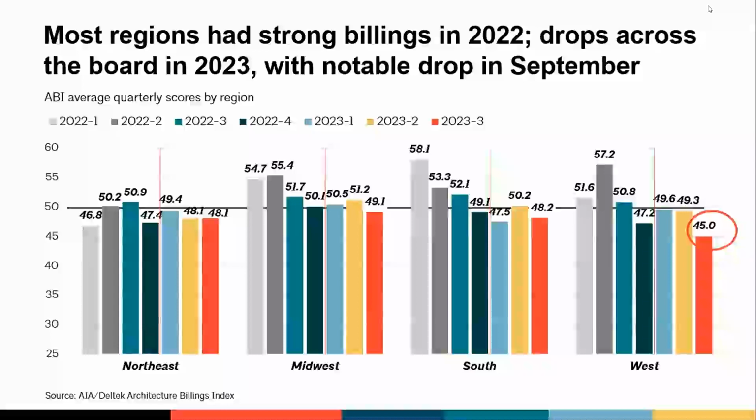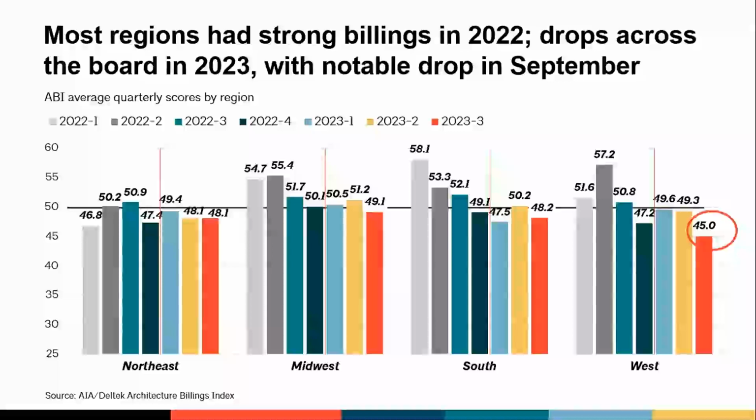Regionally, same thing. While we saw dips across the board in Q3, we do like to report on them quarterly because you can see the trends a little more clearly than when you look month over month. But September really influenced that Q3 number, and August, as I mentioned, was also a decline.